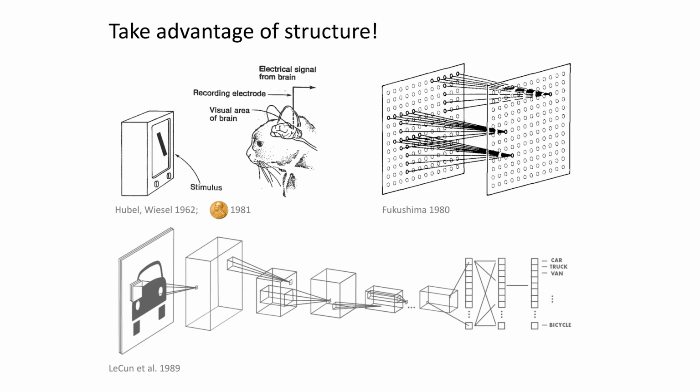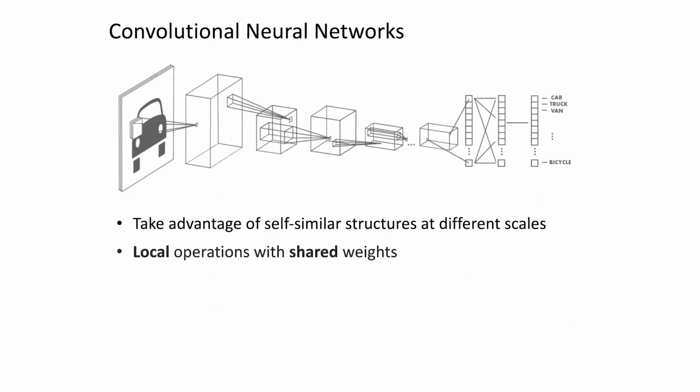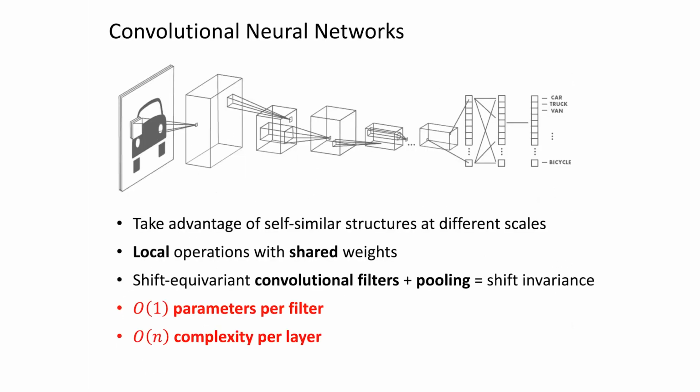They assume that the neural network is sparsely locally connected with shared weights. In this way, we can take advantage of self-similar structures at different scales, use local operations with shared weights, and we are able to obtain shift invariance by using shift equivariant convolutional filters.